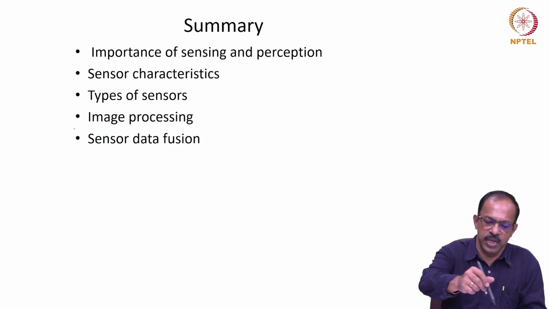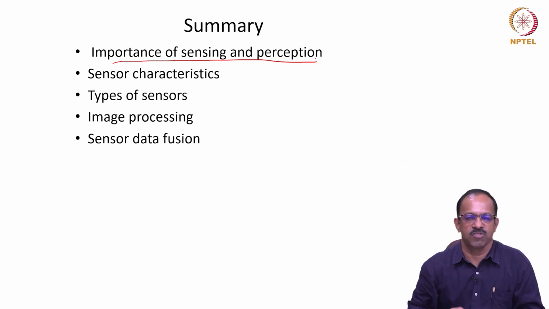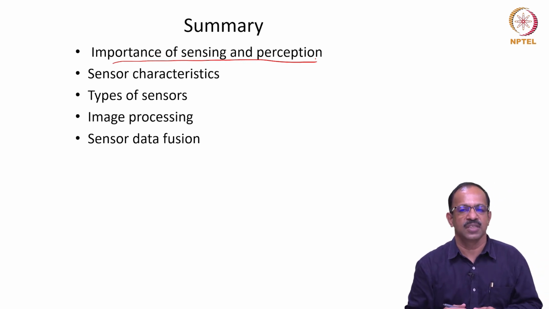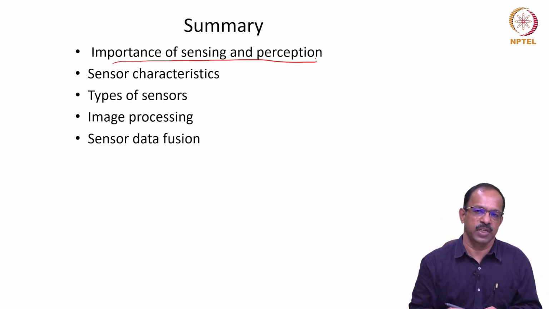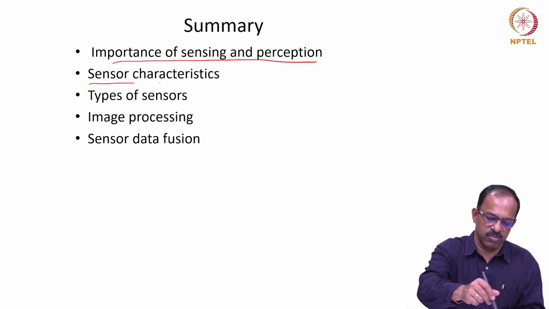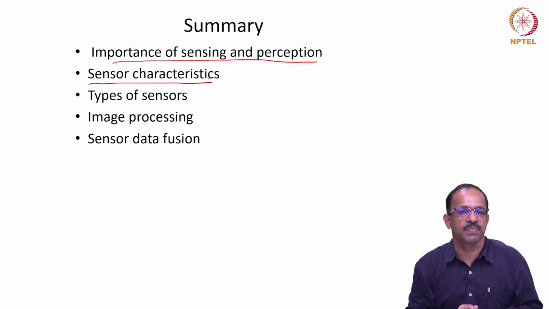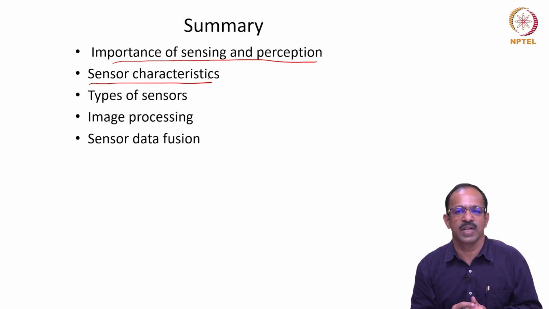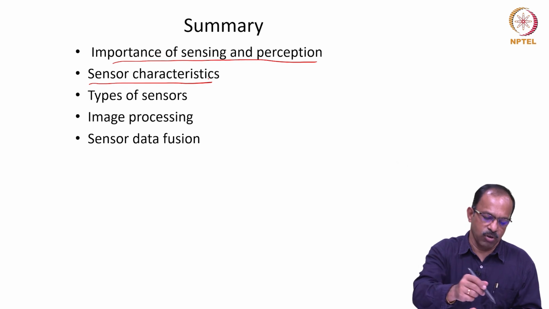So we talked about the importance of sensing and the perception in mobile robots. What is the reason why we need to learn about these sensors? The sensing and perception is an important aspect of mobile robots. And then we talked about the characteristics of sensors, like the repeatability, resolution, bandwidth, etc. And then we talked about different types of sensors.